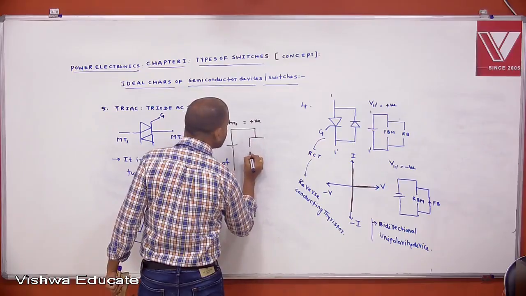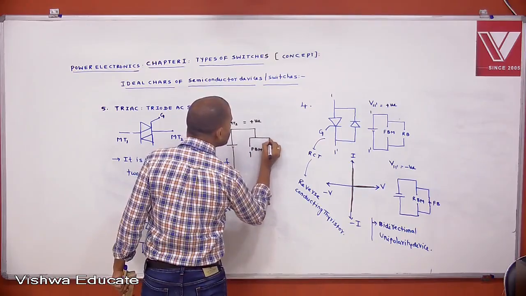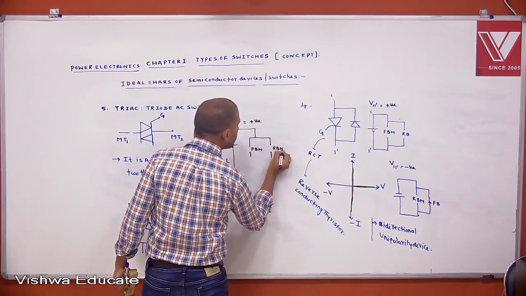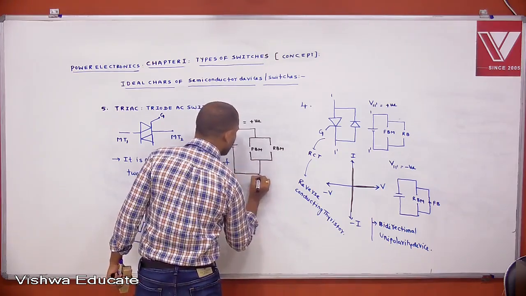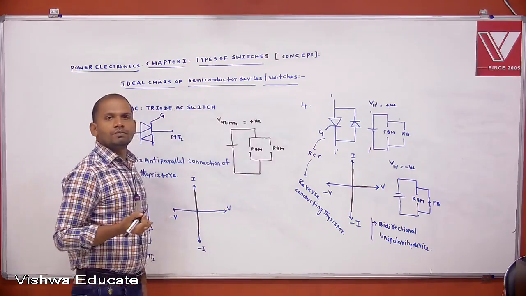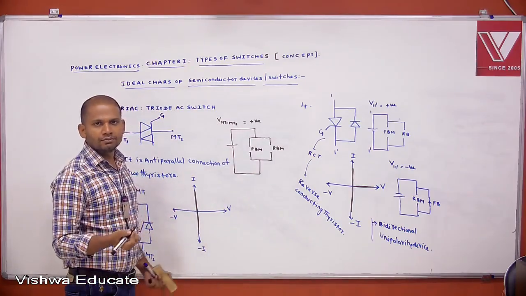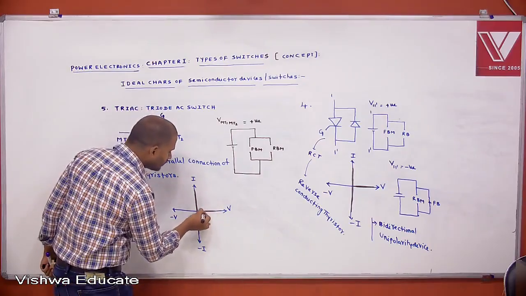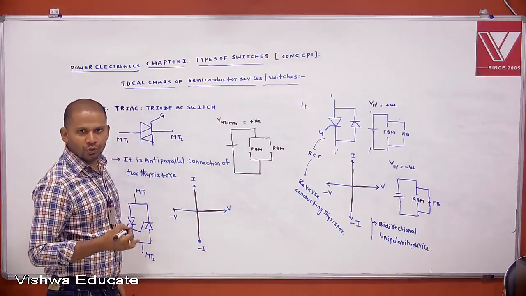This thyristor is under forward blocking mode and this thyristor is under reverse blocking mode. Then is the total device blocking or conducting? Blocking. That's why it blocks the forward positive voltage.